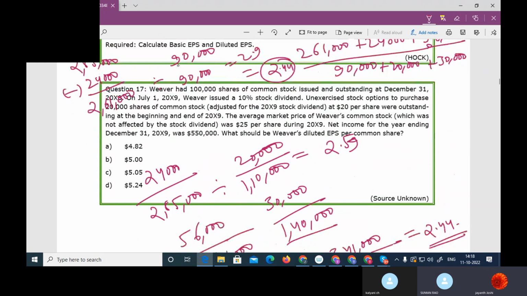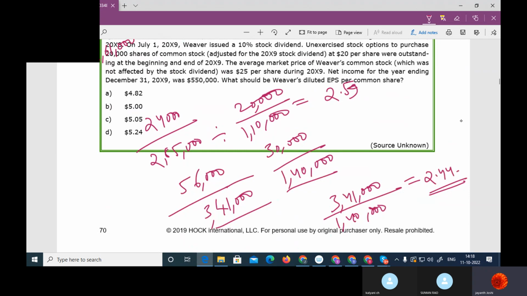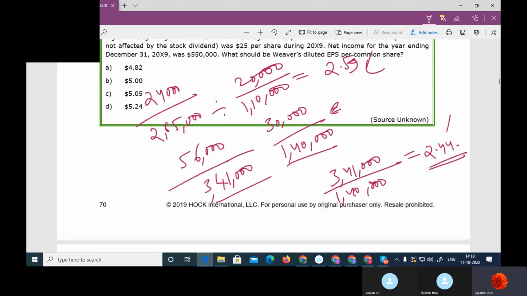So I did everything: 2.9, 2.59 and then 2.44.